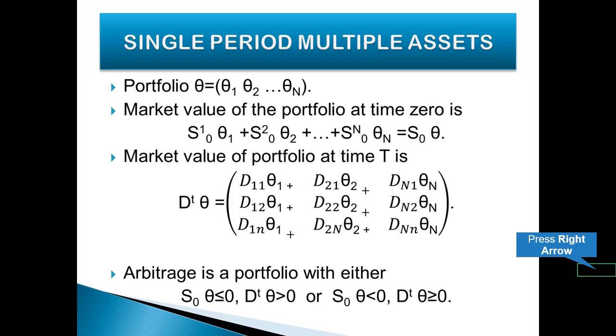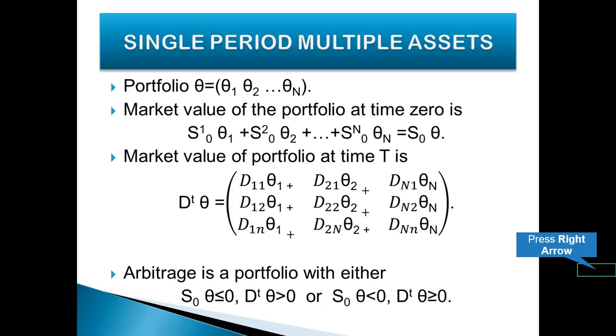The market value of the portfolio at time T is given by D. Its value is D11, corresponding to the first asset S10 and the state of the world w1, so it's D11 multiplied by theta 1, D21 multiplied by theta 2, similarly D N1 multiplied by theta N. Similarly, we have D12 multiplied by theta 1, D22 multiplied by theta 2 and so on.